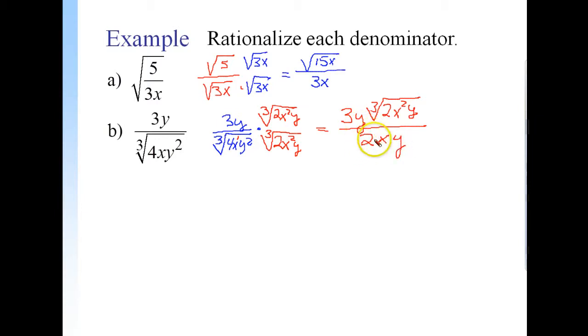I now have a y that's outside. I can cancel out these y's. So my final answer then will be 3, the cube root of 2x squared y, all over 2x. All right, some of these will get challenging.